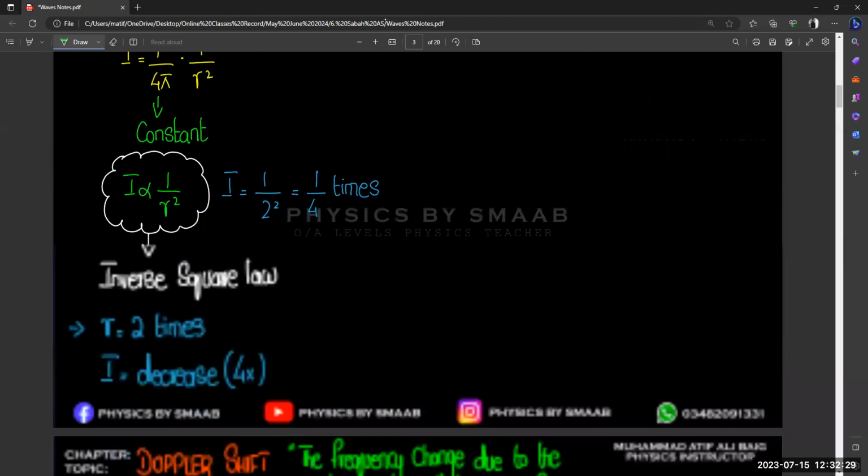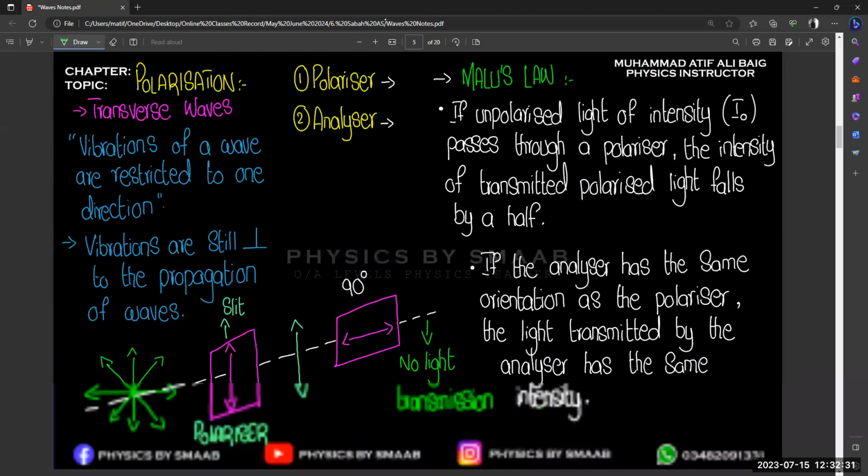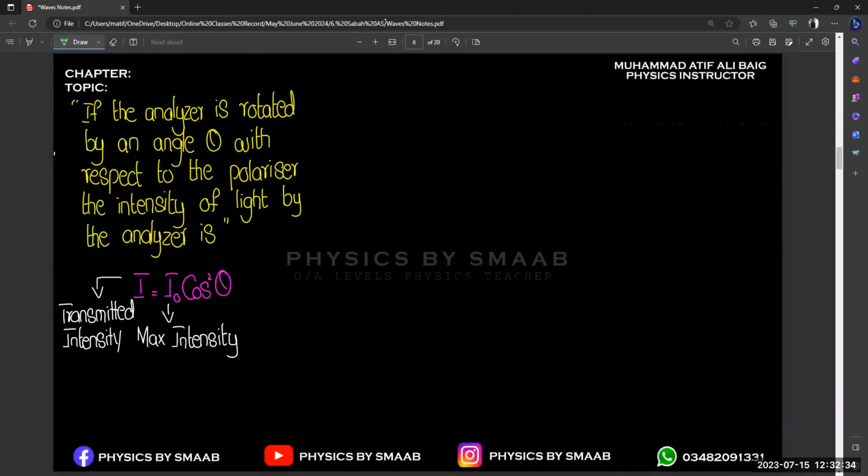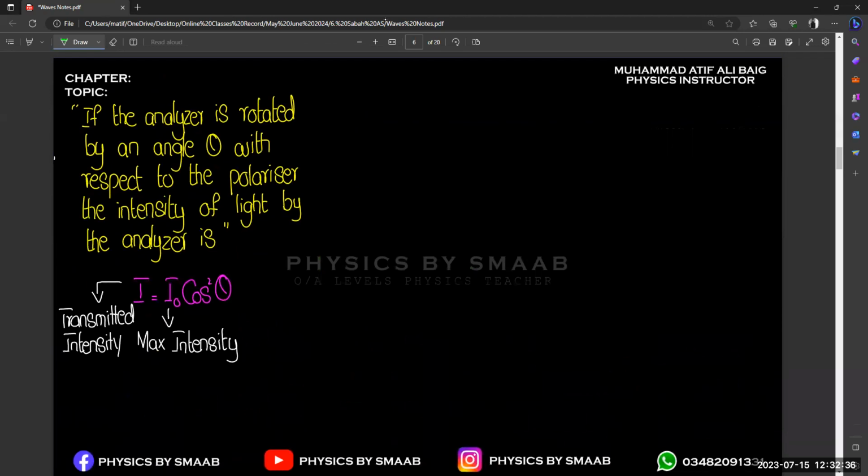This is simply for intensity, because power per unit area is known as the intensity. So that's why watt per meter square is the SI unit for intensity. Whatever intensity you are calculating, it will remain the same, it does not depend upon the condition.